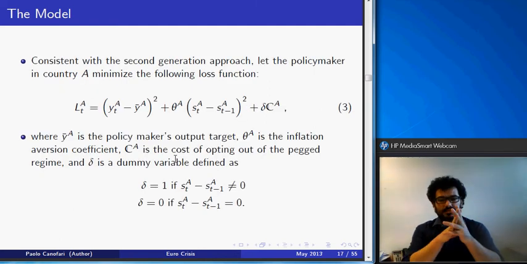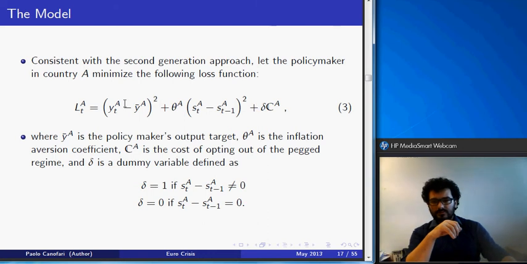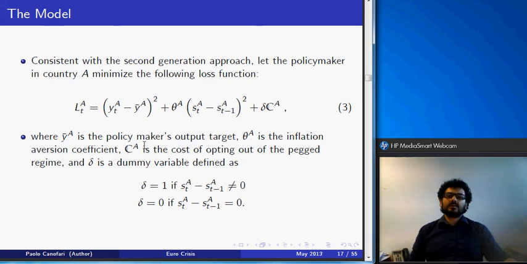Now, consistent with the second generation approach to currency crisis, country A has to minimize a loss function defined on the squared output gap of the policymaker, where YTA is the output for country A, YA bar is the target level of the output for country A, and we have this deviating exchange rate, which under the assumption of zero foreign inflation is a proxy of the inflation rate for country A. So theta A is the relative weight of this term with respect to this term in the loss function, so it's the inflation aversion coefficient.